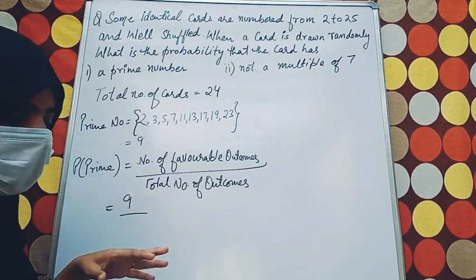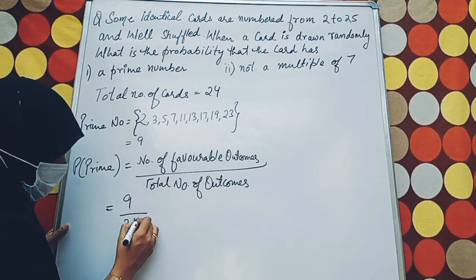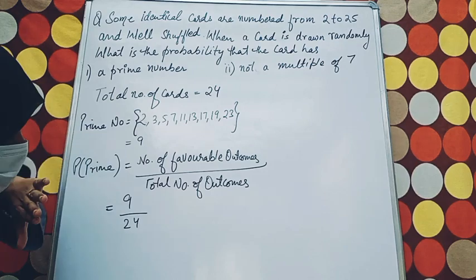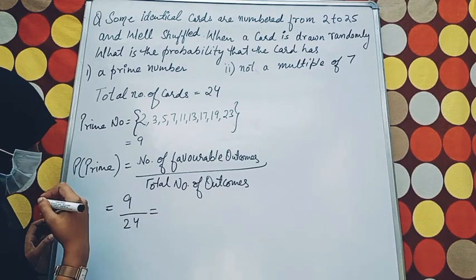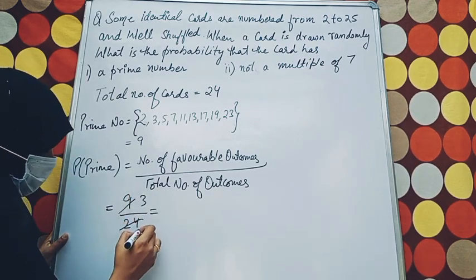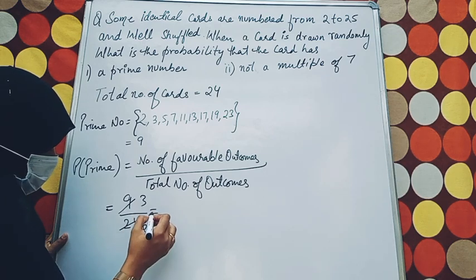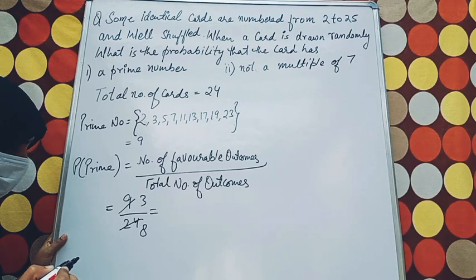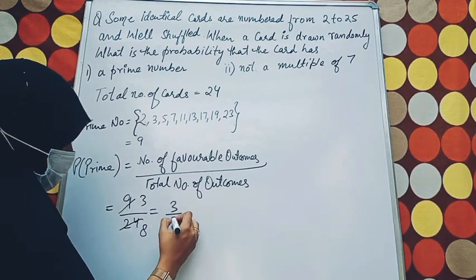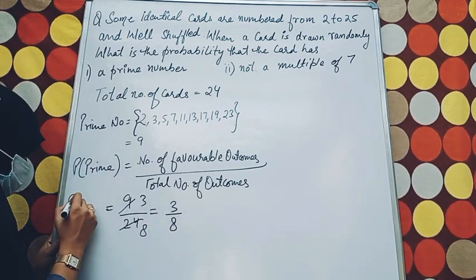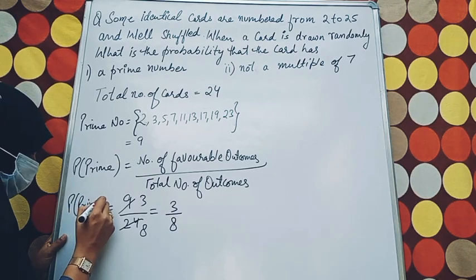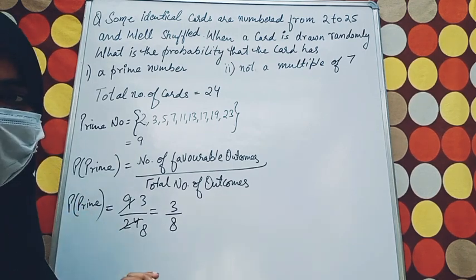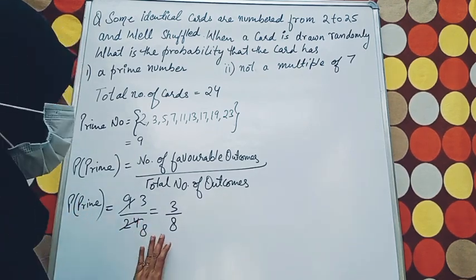Total number of outcomes is 24, as the total number of cards is 24. So let's divide, it is 8. We can say that is 3 by 8. So the probability for a prime number will be 3 by 8. Now I hope this is understood.